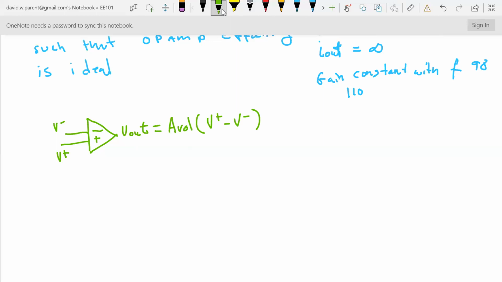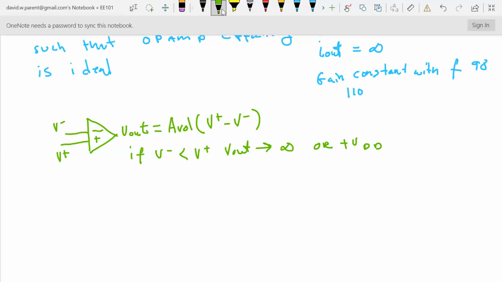So here's the thing, if V minus is less than V plus, V out is going to go towards infinity or plus VDD, because if V minus is less than V plus, this is going to be a positive number.